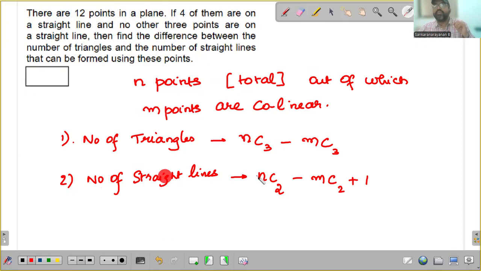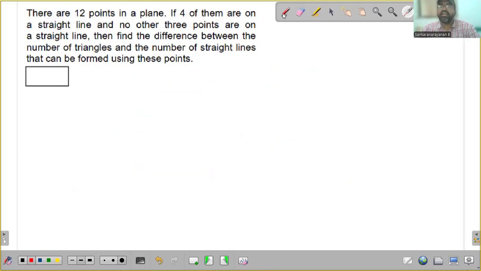The number of straight lines formed will be NC2 minus MC2 plus 1. This is in general. Now, coming back to our question, the total number of points is 12. It is given that 4 of them are in a straight line. They are collinear.